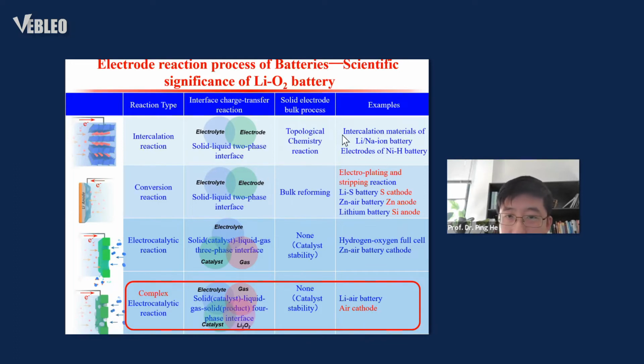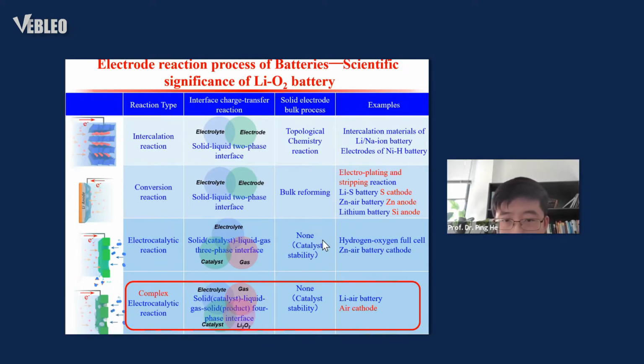For example, we can see the lithium-ion battery, sodium-ion battery and nickel oxygen battery. In these battery systems, we can see the intercalation materials. The second reaction type is conversion reactions, and the third is electrocatalytic reactions.